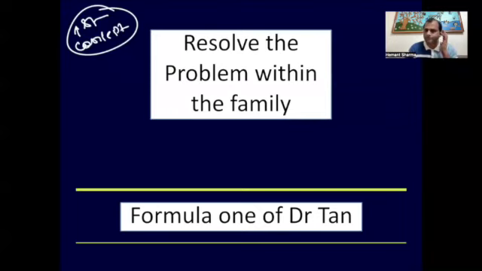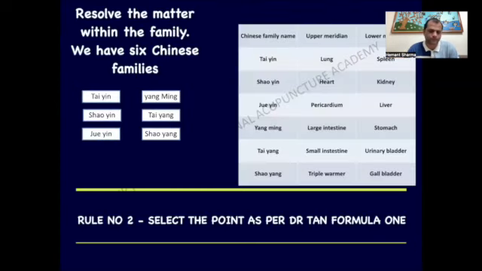If you are suffering with a problem, resolve the problem within the family. This is the first concept of Dr. Tan. What is the meaning of this? We already know we have 6 families: Taiyin family, Shaoyin family, Jueyin family, Yangming family, Taiyang family, and Shaoyang family.